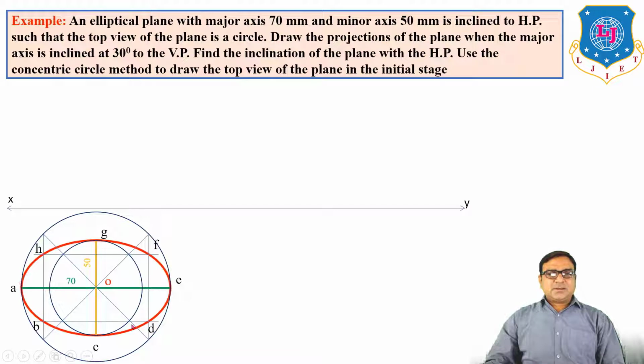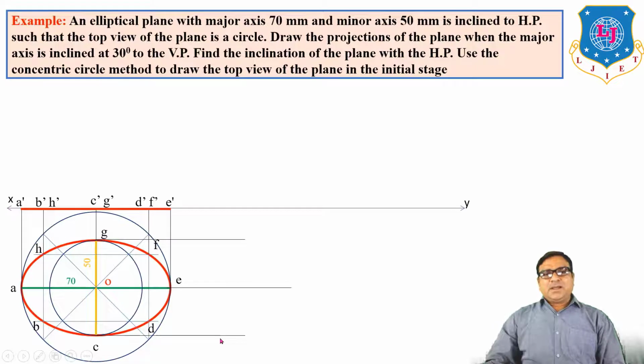Trace all the points and draw the curve which is A, B, C, D, E, F, G and H. The front view of this plane is a horizontal line.